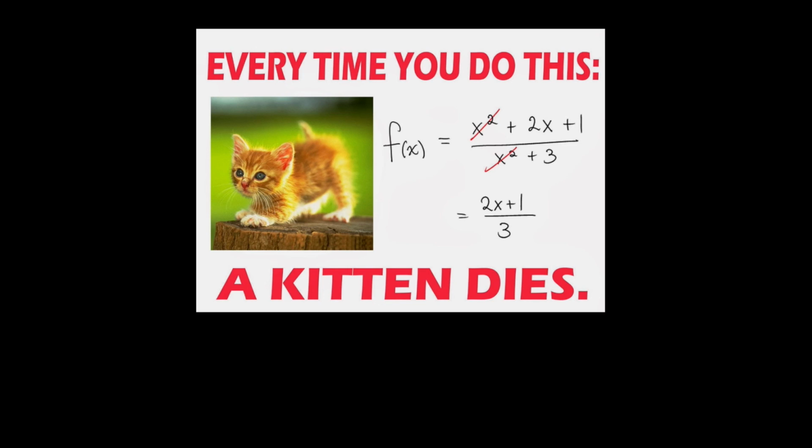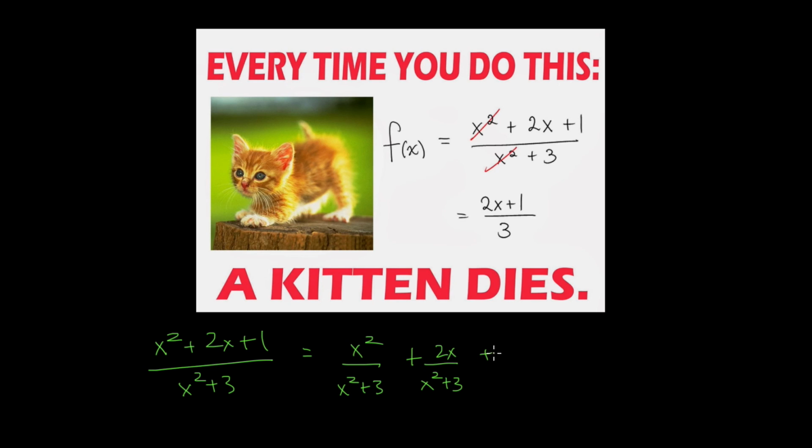But this is wrong. Let's see what they've done. They said (x squared plus 2x plus 1) over (x squared plus 3). When you have a fraction with multiple terms in the numerator being added together, what this actually means is x squared over (x squared plus 3), plus 2x over (x squared plus 3), plus 1 over (x squared plus 3).